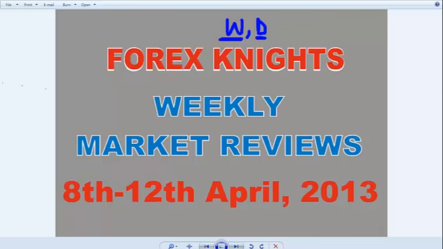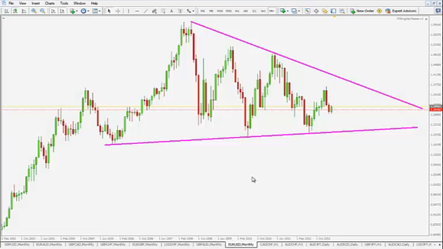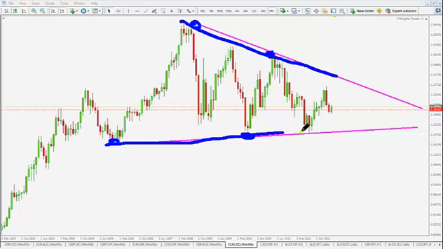Alright, without waste of time, we will go into our charts and look at the monthly and the weekly time frames. This is the EUR/USD monthly time frame. What has been happening on this pair? Well, price is simply compressing. We have seen price shrinking in the form of a triangle.